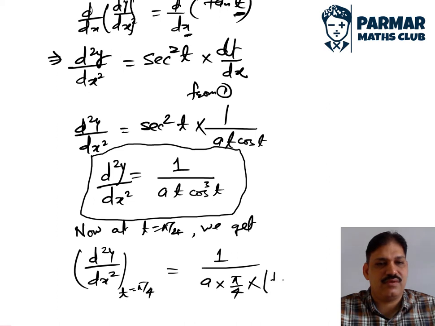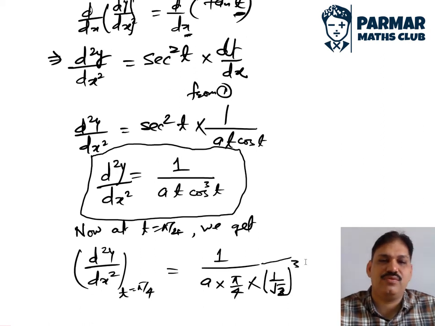So this is 1 by root 2 whole cube. The cube of 1 by root 2 is 1 upon 2 root 2.